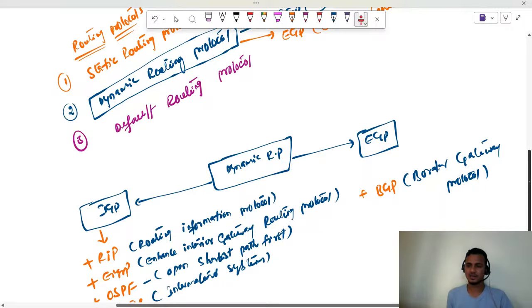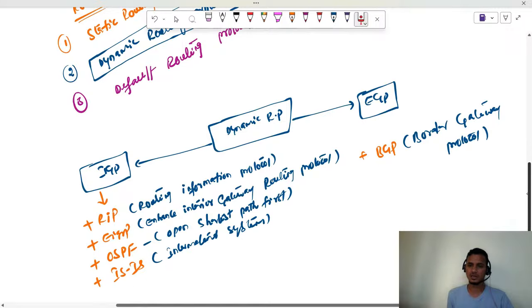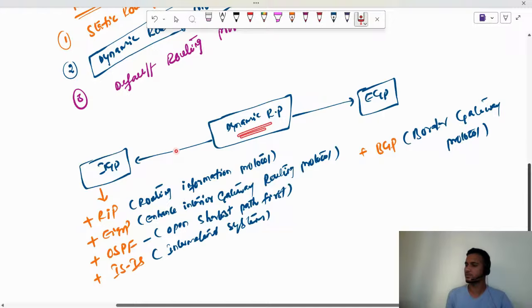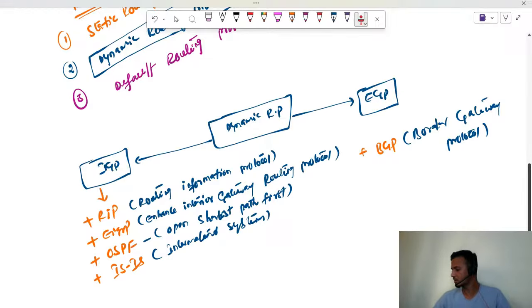We discussed that the dynamic routing protocol is classified into two types: IGP, Interior Gateway Routing Protocol, and EGP, Exterior Gateway Routing Protocol.